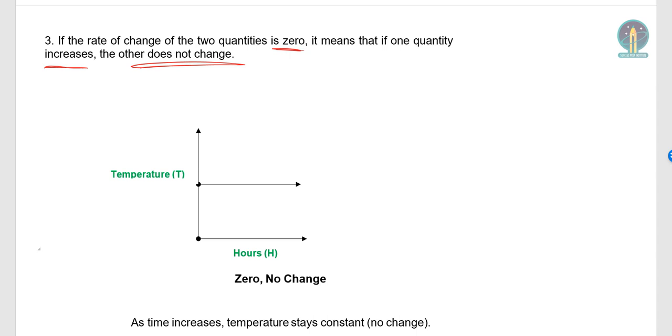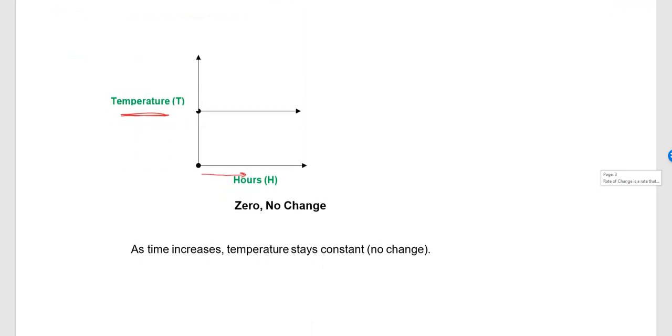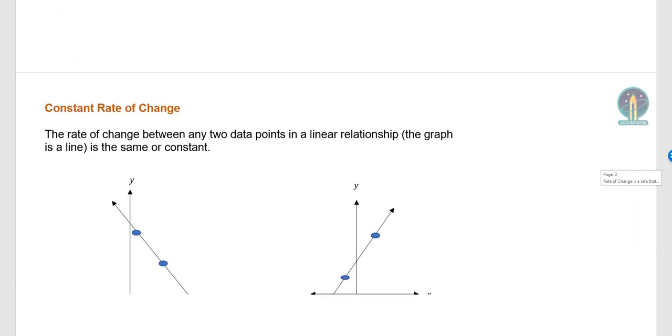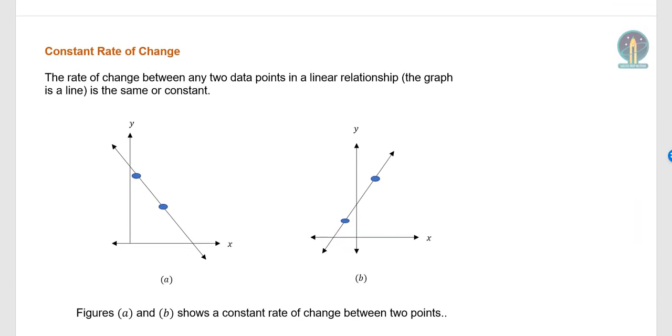For example, here, as the hours increase, this temperature value stays the same. So in this case, the rate of change of this instance of temperature measurement with time is zero. Okay, a constant rate of change.